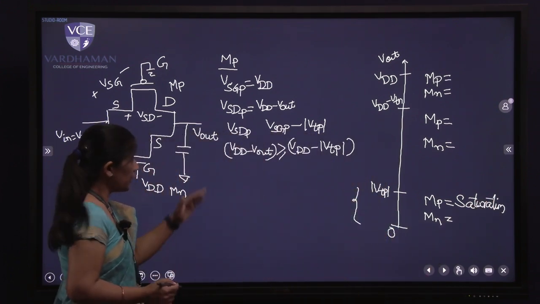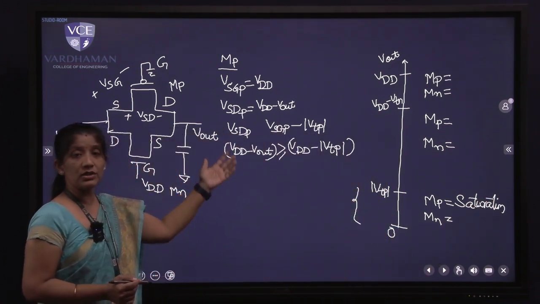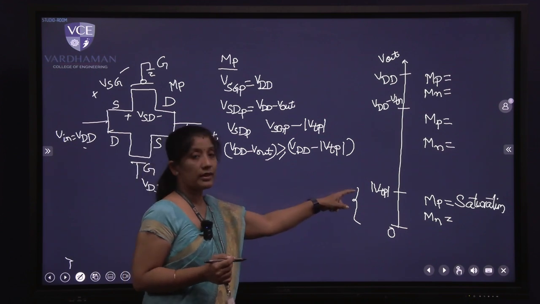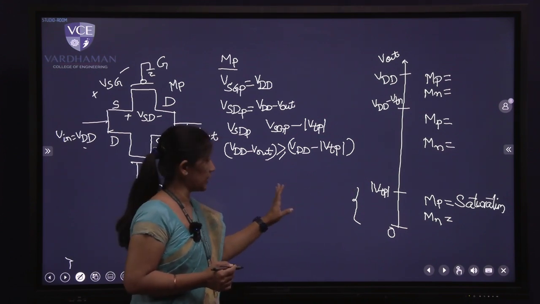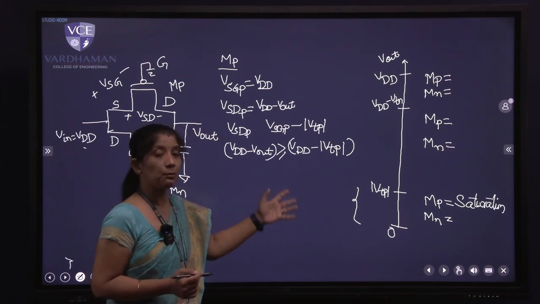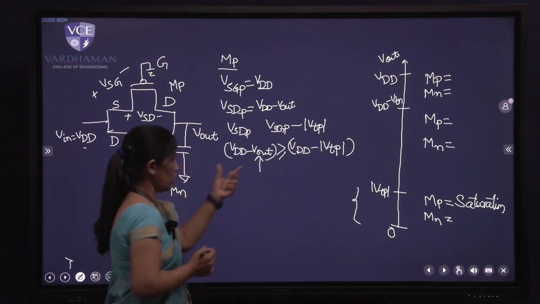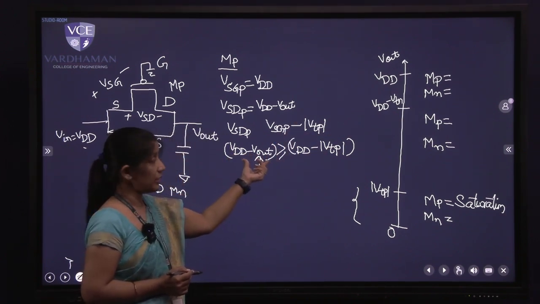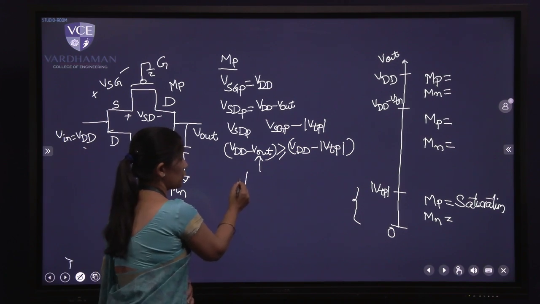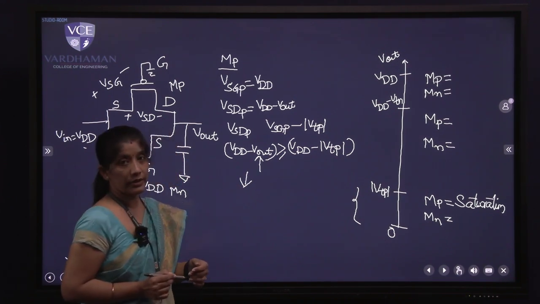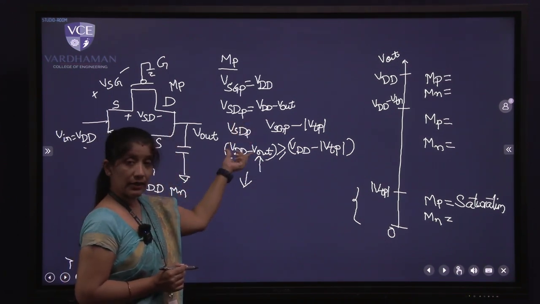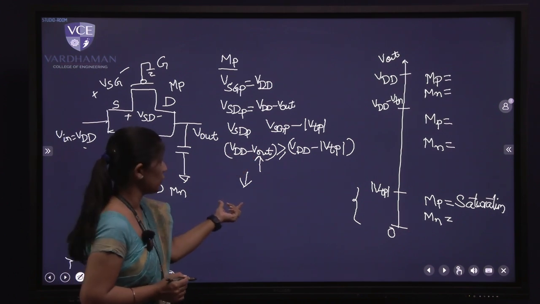Now what will happen when my output voltage increases beyond the VTP voltage? If your output is increasing beyond VTP, then the difference VDD minus Vout will be a smaller voltage. So when output is increasing, the difference is a decreasing value.